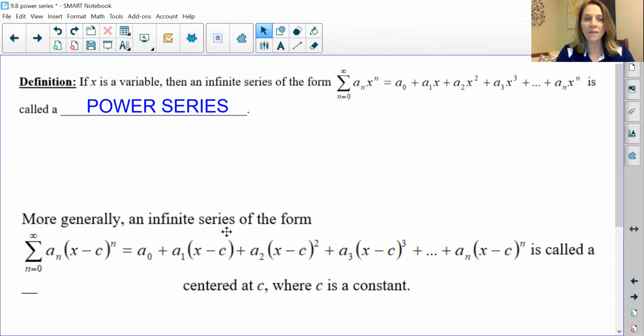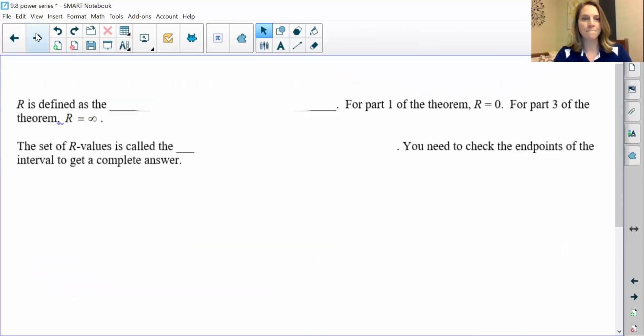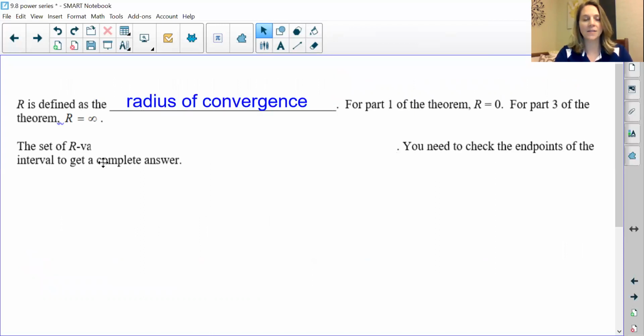More generally, an infinite series of this form is called a power series centered at C, where C is a constant. Up here, it looks like we're centered at 0, and back down here, we can be centered at any C. This big R is defined as the radius of convergence.